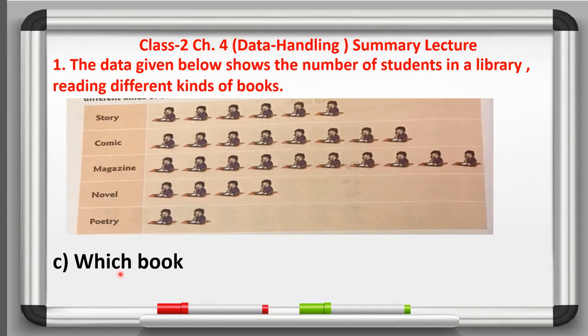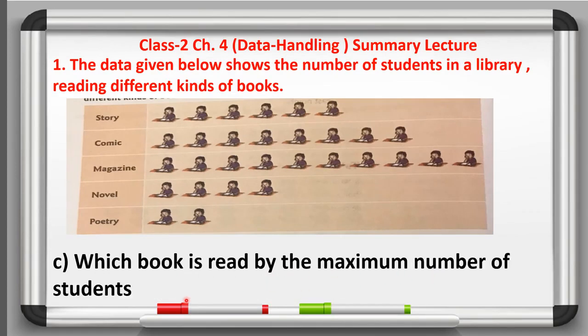Now it is given which book is read by the maximum number of students. Okay, so which book is read by the maximum number of students? It means कि ऐसी कौन सी बुक है जो ज्यादा बच्चों ने पढ़ी. ठीक है, तो यहाँ पे हम देख सकते हैं बेटा कि in this given data maximum number of students are in this. Okay, and the name of book is magazine. So here we will write magazine.